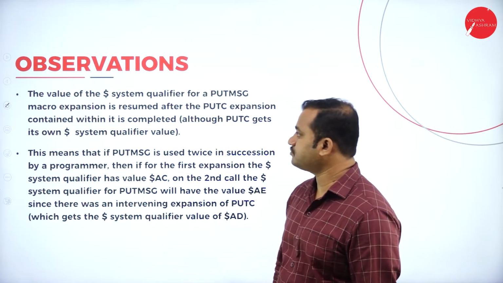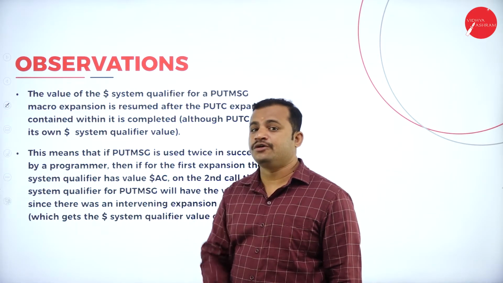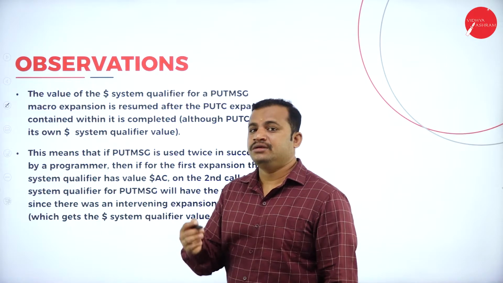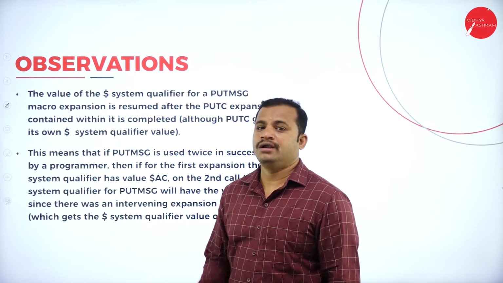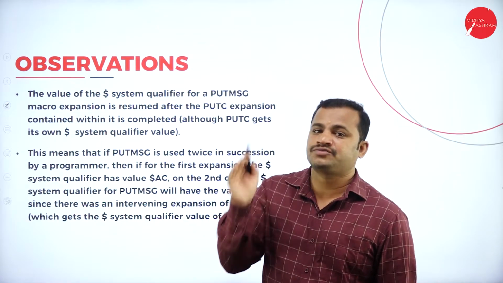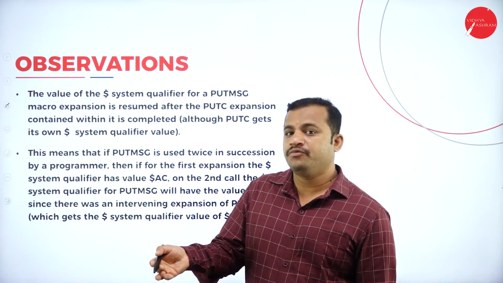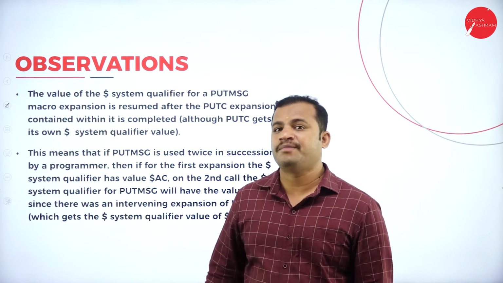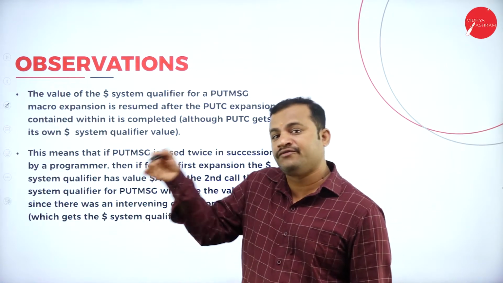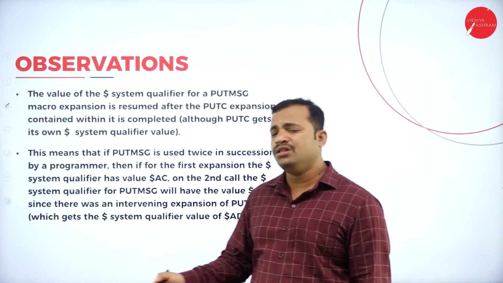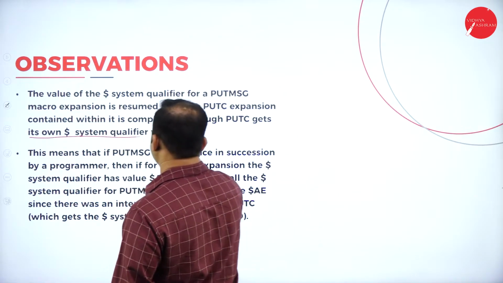Next, what you have observed here from the first version of the PUTC macro, the problems with the first version of the PUTC macro, and how they overcome the problems of the first version in the second version, and what is the problem with the second version of the macro, and how they overcome the problems of the second version in the final version of the macro. All those are certain details which need to be considered here.